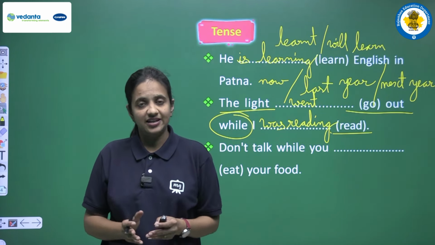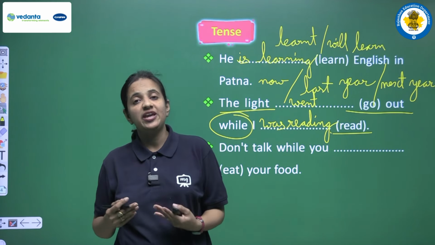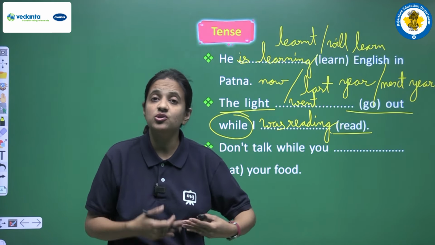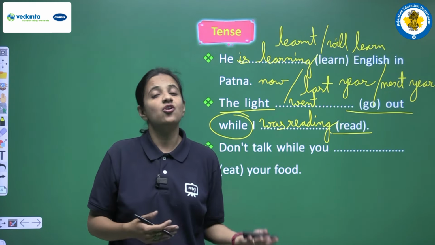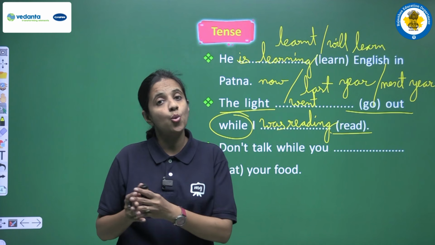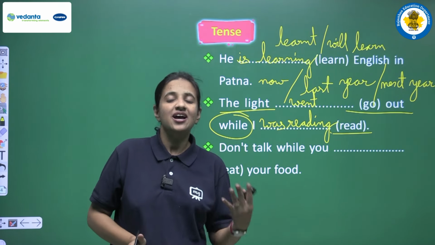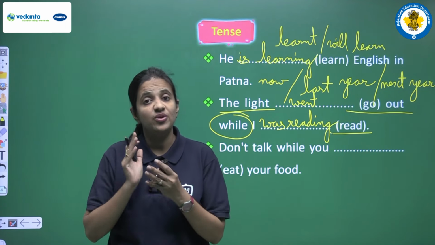Okay, so this is again a very important point. After reading the sentence only, you will be able to understand about the action, whether it was the action that was continuously going on, or it happened just once. So according to that only you have to use the tense. According to these things you have to fill the blanks. Okay, so this is very important.